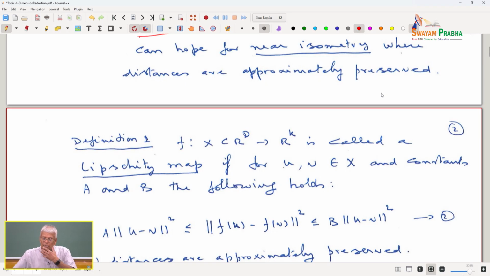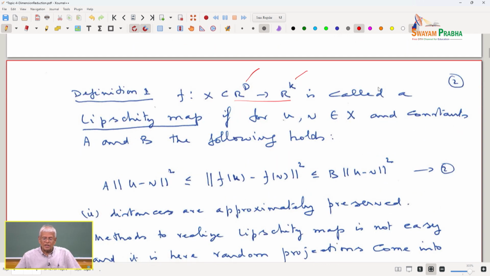Now, I would like to be able to introduce a new concept called a function f from R^D to R^k. This is a vector valued function of a vector. That means the input is a vector, the output is a vector. The input is a D-dimensional vector, the output is a k-dimensional vector. Such functions in mathematics are also called maps.